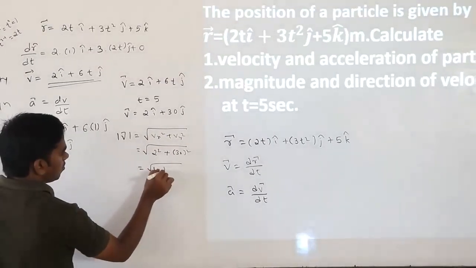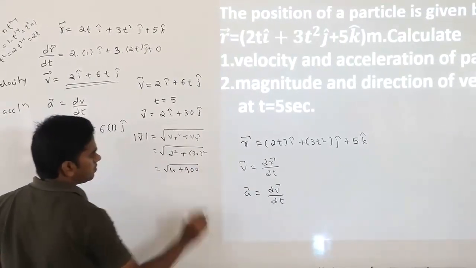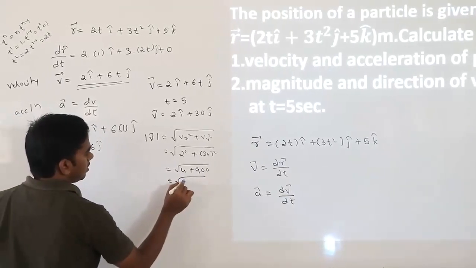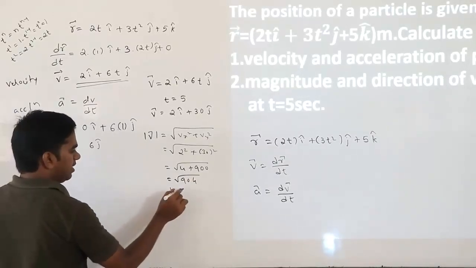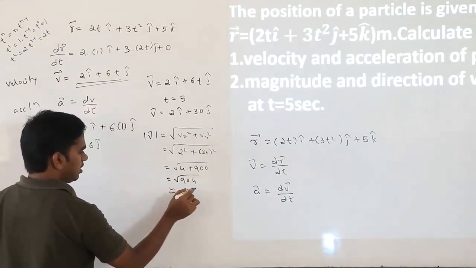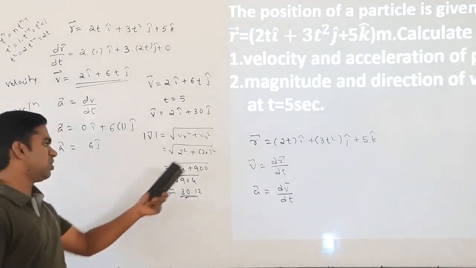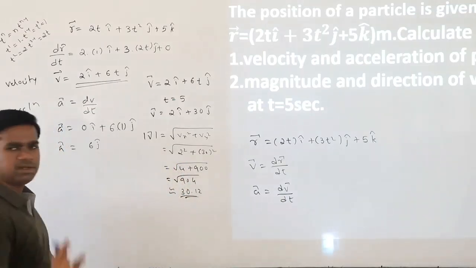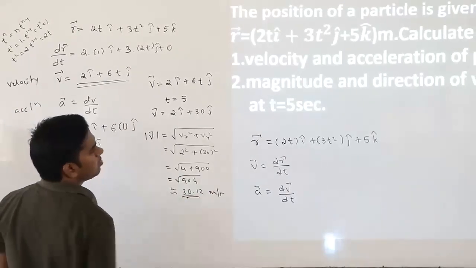So this will become 4 plus 900, root of 904. Approximately 30 point something, since compared to 900, 4 is very small. The unit is meter per second.